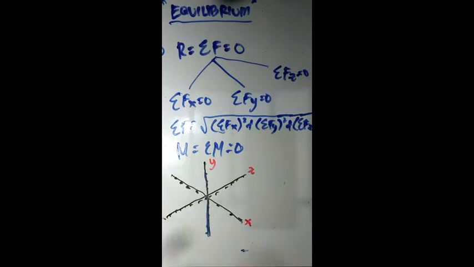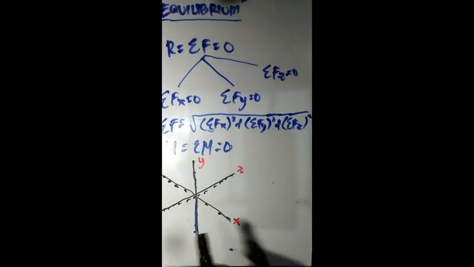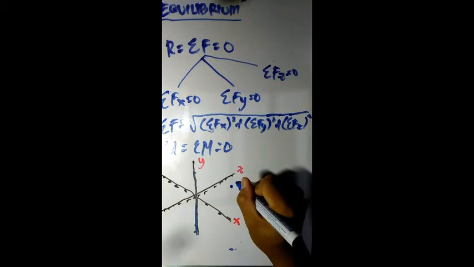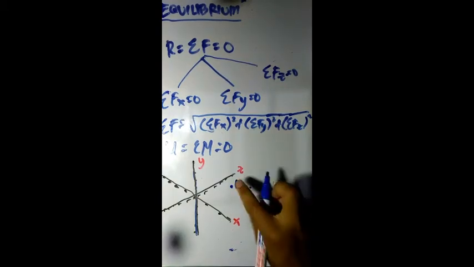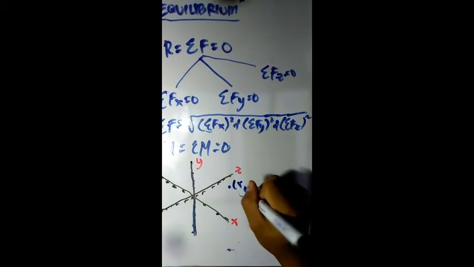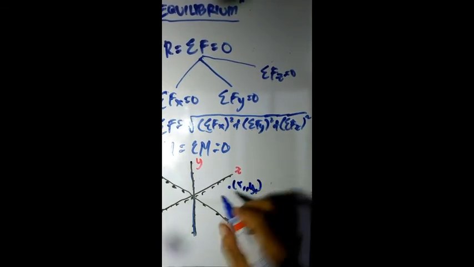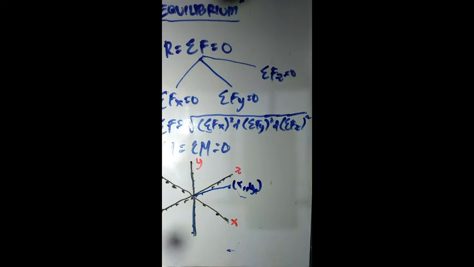Yung ibig sabihin nun, as we all know, lahat ng physical bodies ay three-dimensional, right? Pero, as you can see in your handouts, kapag yung force ay nasa isang plane lamang, pwede nating ma-analyze ito as in two-dimensional. For example, let's consider this force as x1 and y1.